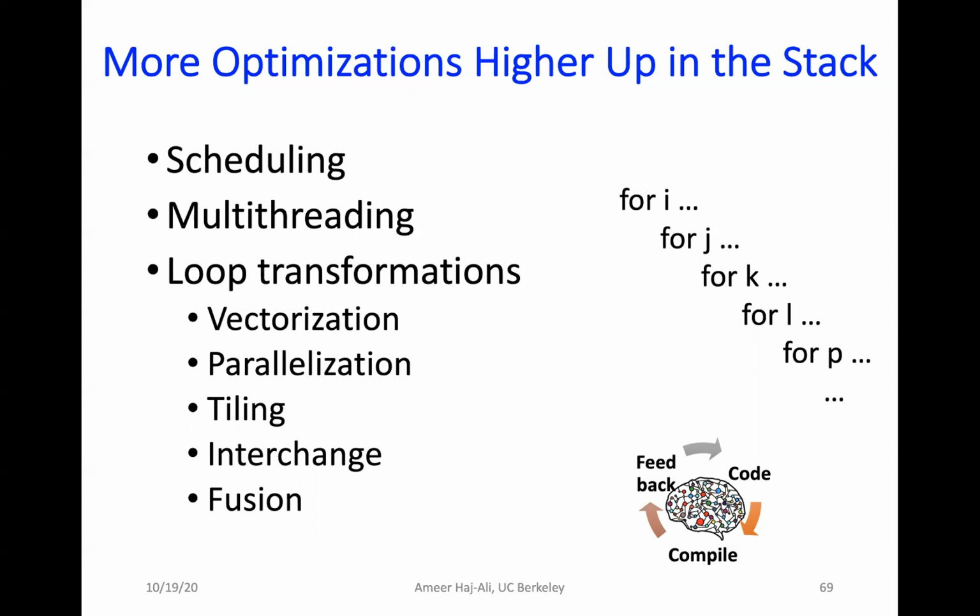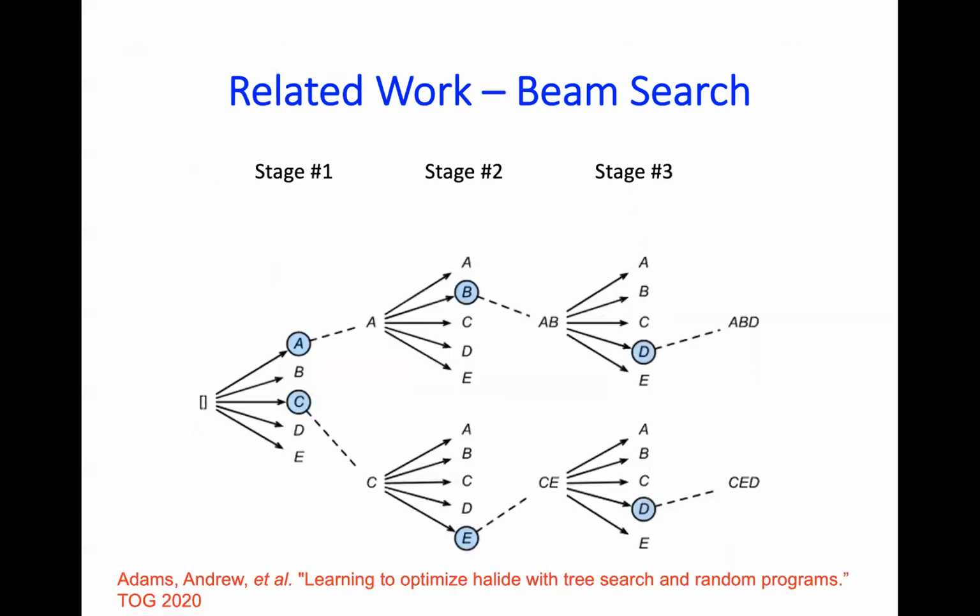If we look at the most recent work that did this task, it actually used beam search. So what is beam search? Beam search basically starts from a program, and from this program, it checks all the possible optimizations from the current state. Let's say it generated 5 possibilities here. From these 5 possibilities, it picks the top K candidates. How does it know which top K to pick?